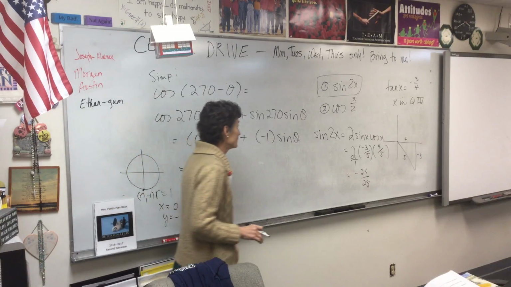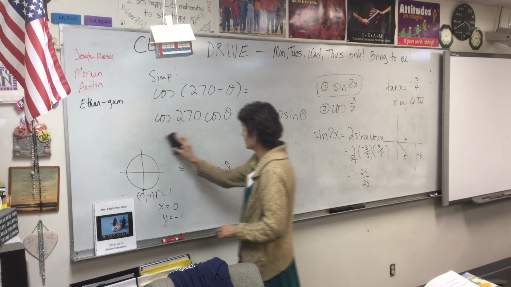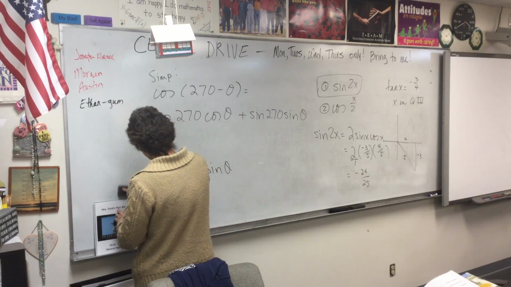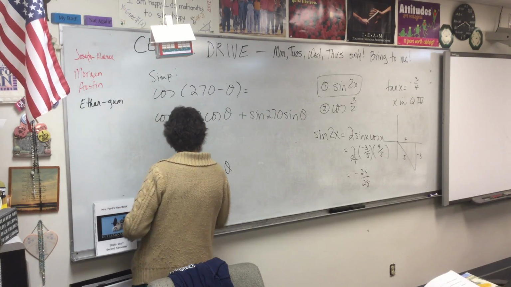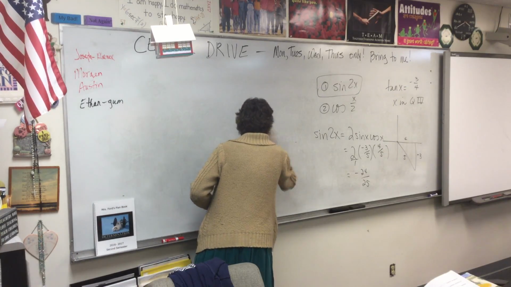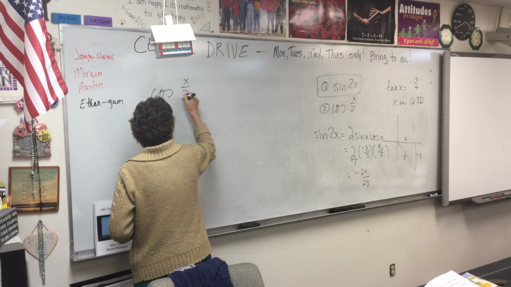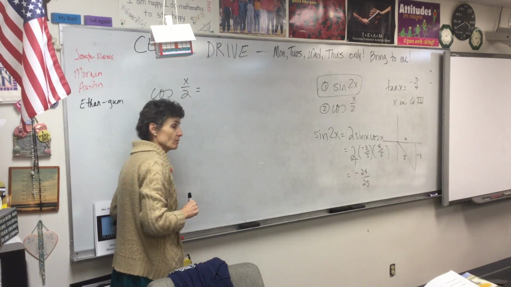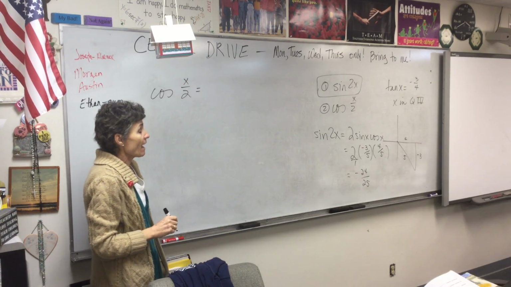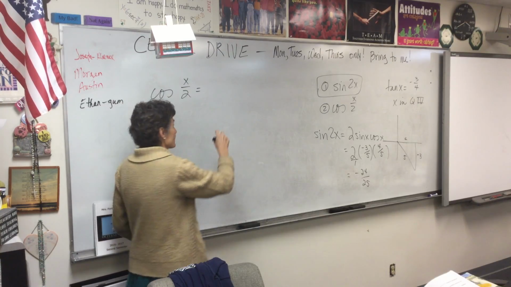Okay, now, let's do problem number 2. It's the cosine of the half angle. Now, I don't need to redraw my picture. It's the same given, so my picture's good. But now I need the formula for the cosine of the half angle. Okay, what is that? Look at your green sheet. Half angle identity. What's the cosine version?